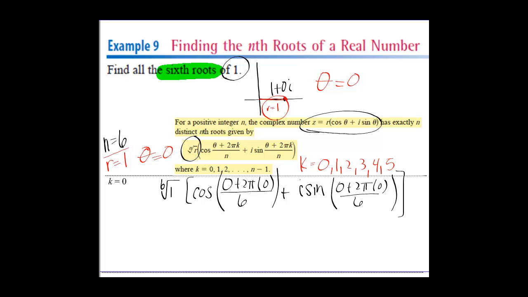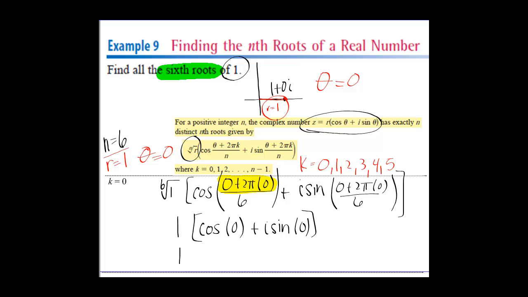Let's start by cleaning up this numerator. Everything in the numerator becomes 0, and 0 divided by 6 is 0. So I've got cosine of 0 plus i sine of 0. Now the 6th root of 1 is simply 1.